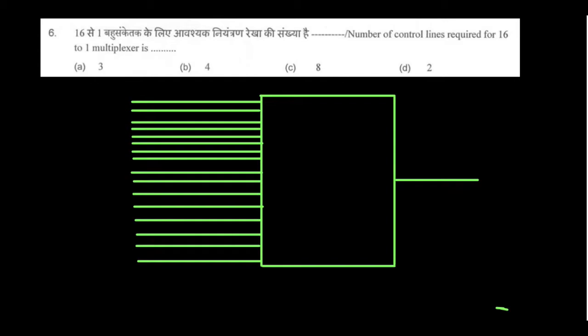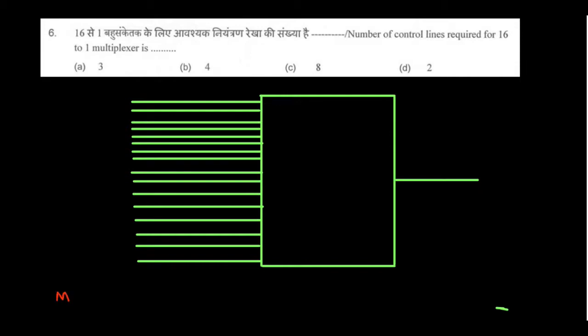So the first question. Number of control lines required for 16 to 1 multiplexer is. So this multiplexer means many to 1.